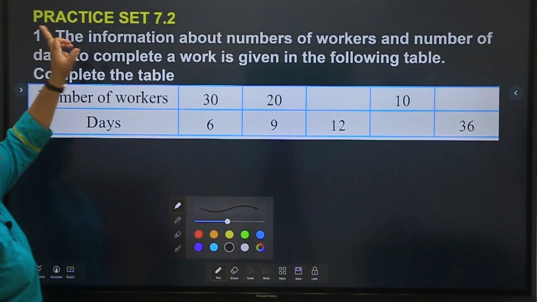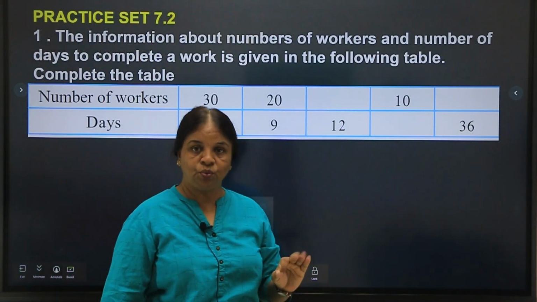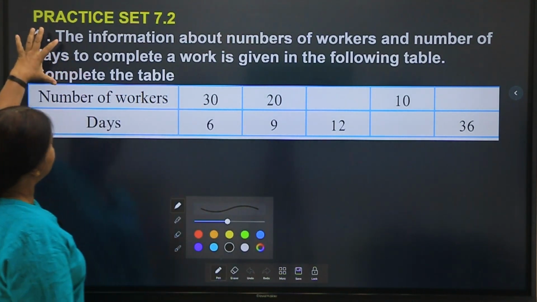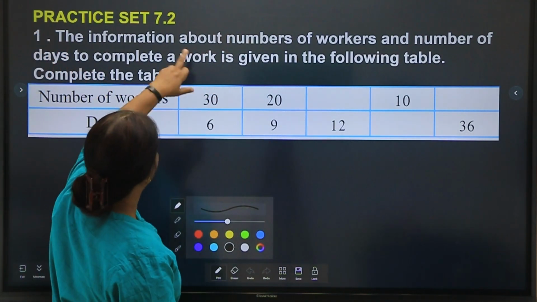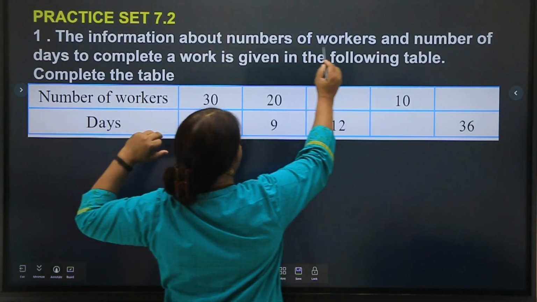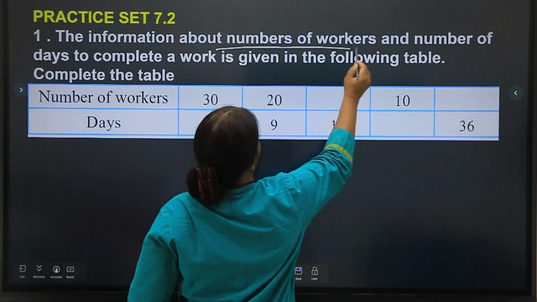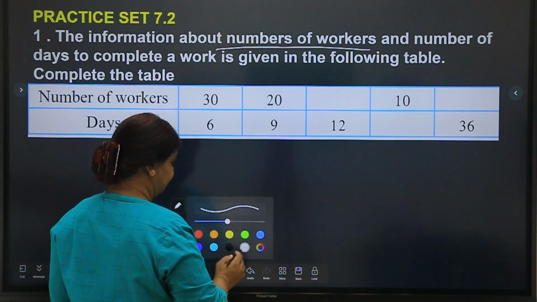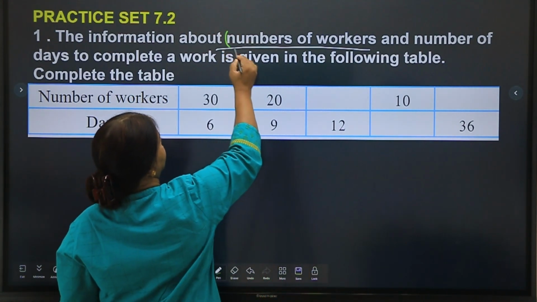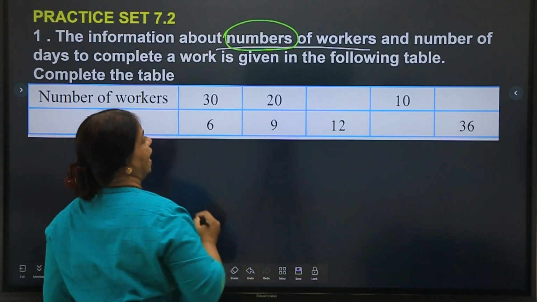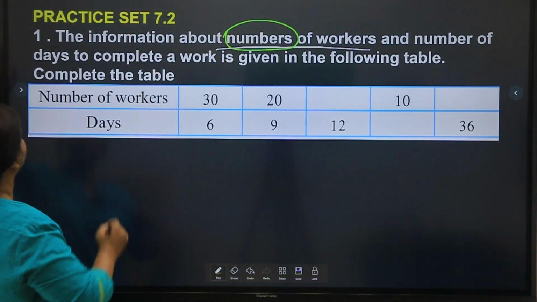Now we are beginning with practice set 7.2. Here there is information given about the number of workers and the number of days.